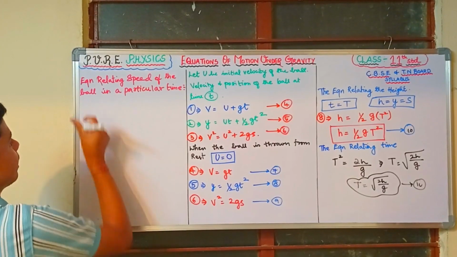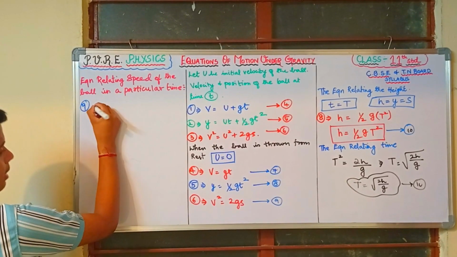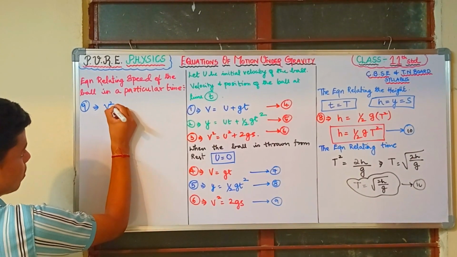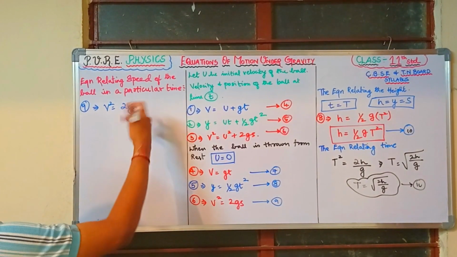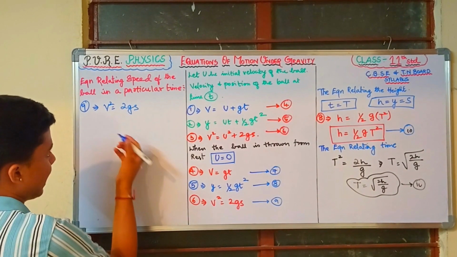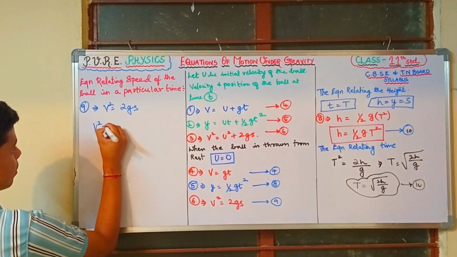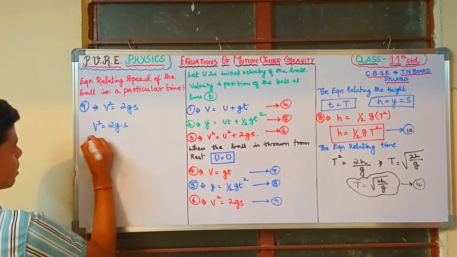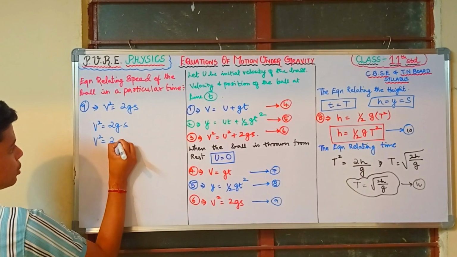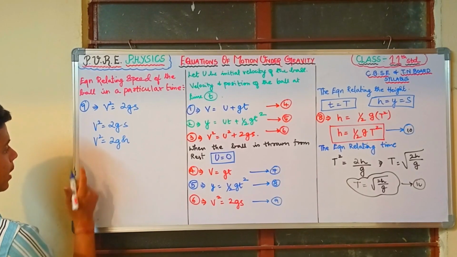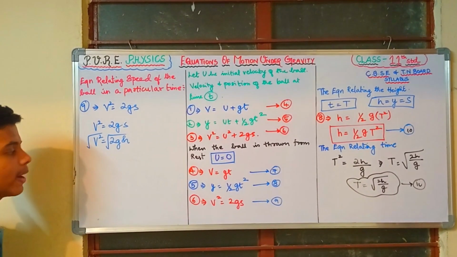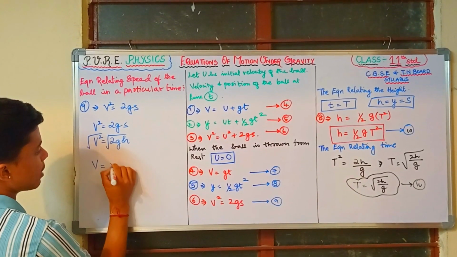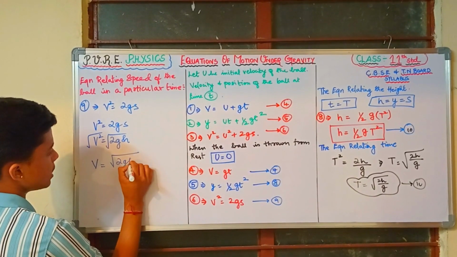So it will become v square is equal to 2gs. In the place of s, I'm going to substitute h. So v square becomes 2gh. And now I'm going to take square root of this. When I take square root of v square, I'll be left with v, which is equal to root over 2gh.